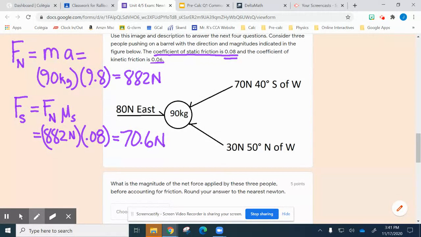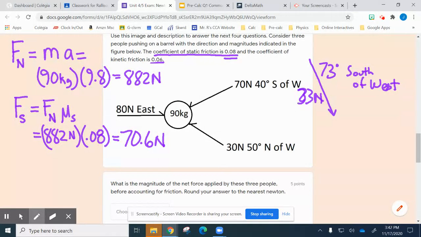Now, do you remember what is the actual net force on this barrel? Well, it was something like this, right? It was 73 degrees south of west. And do you remember what the magnitude of it was, how strong it was? It was 23 newtons, right?